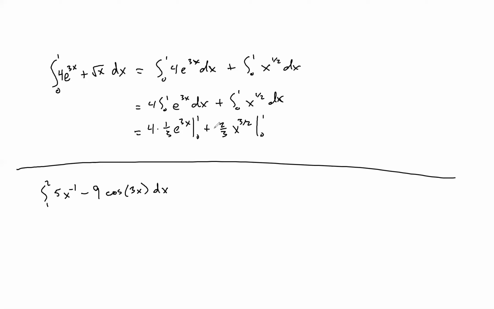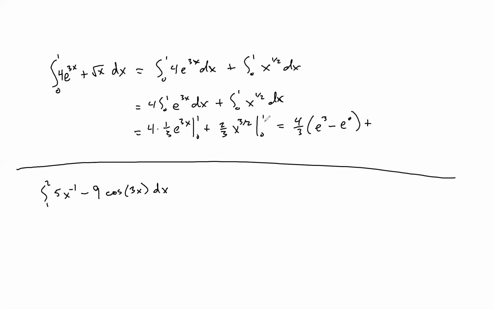So we basically have our answer. We just have to plug in 1 and 0 and subtract. If you like, you can just keep this 4 over 3, this 4 times 1/3, this 4/3. Let's just keep it outside of all this and focus on plugging the 1 and the 0 into e to the 3x. I've got e to the 3 times 1, that's e cubed, minus e to the 3 times 0, that's e to the 0 power.